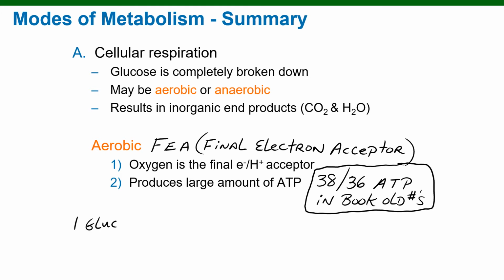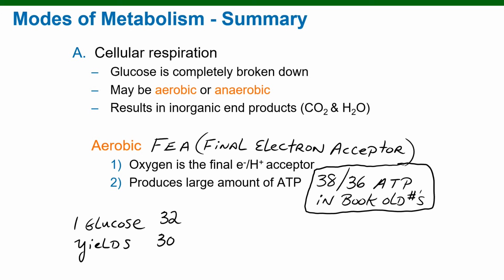1 glucose, when aerobically processed through respiration, yields either 32 or 30.